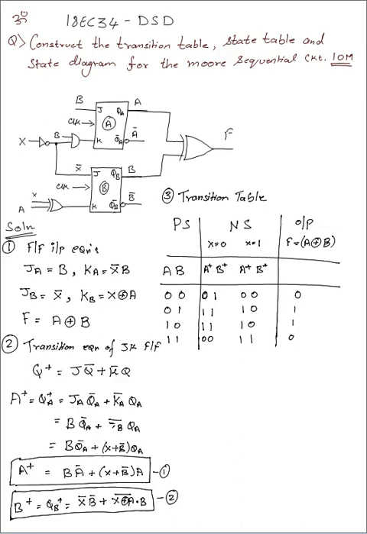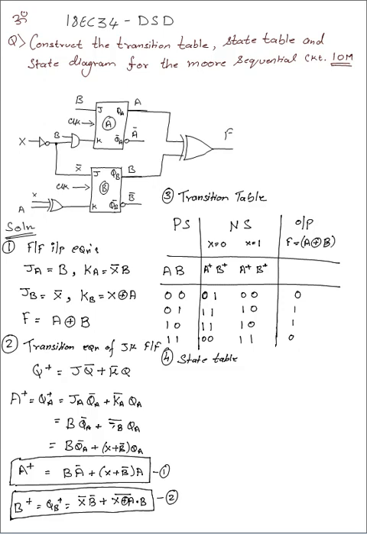Fine. Now, this is the most important step, to draw the state table. Fourth step is to draw the state table. Typically what we do is, if we have one flip flop, we have two output possibilities, that is 0 or 1.